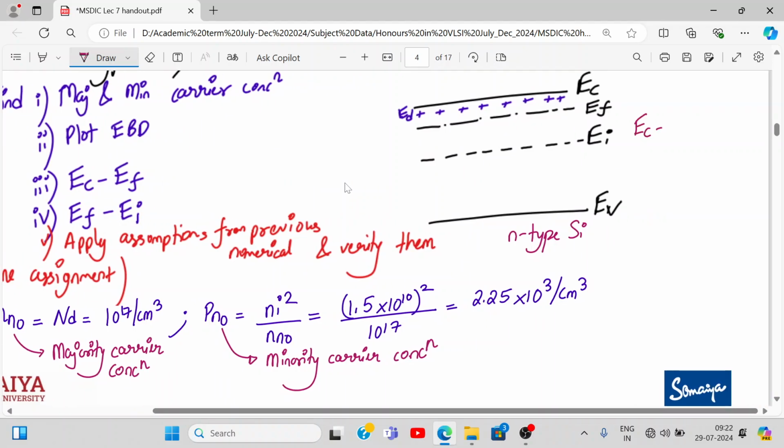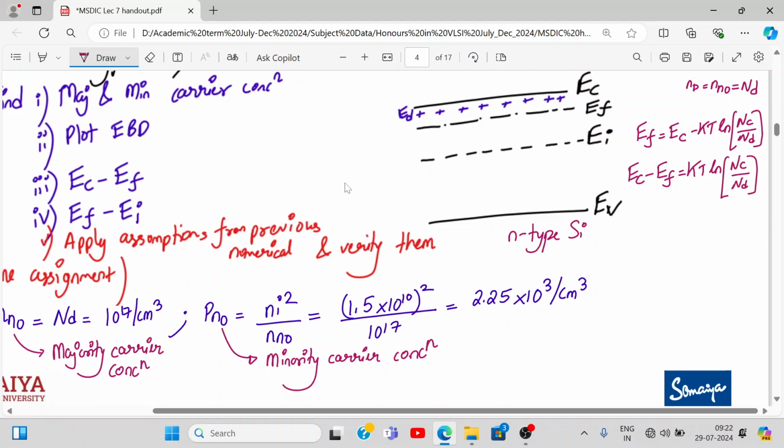The Fermi level was given by EF equals EC minus kT natural log of Nc upon Nd. Nno is Nd over here. Okay, so EC minus EF will be kT natural log of Nc upon Nd.